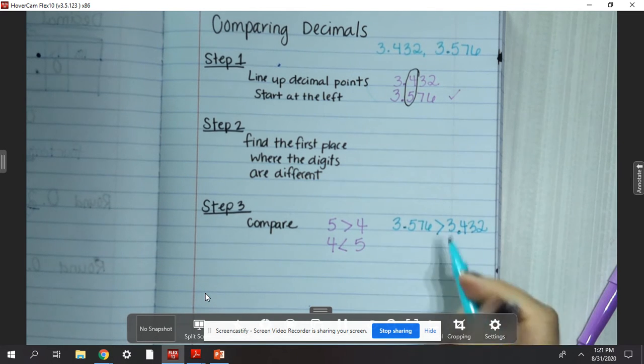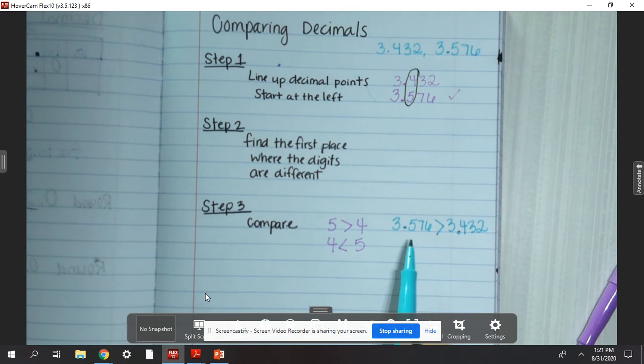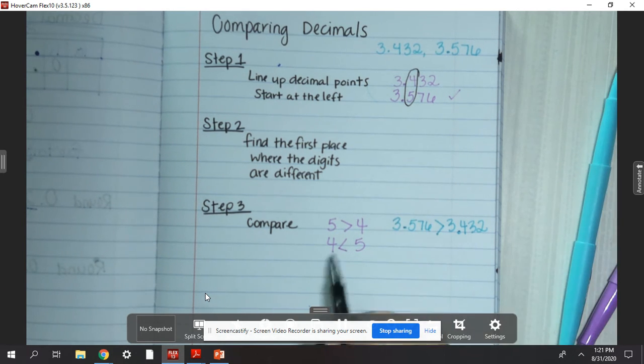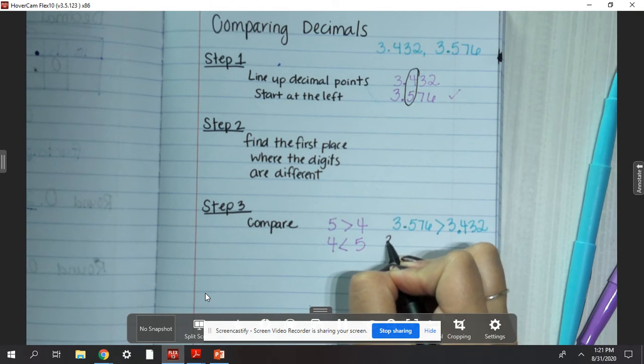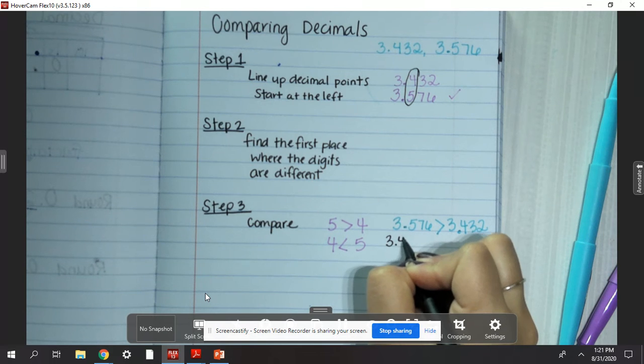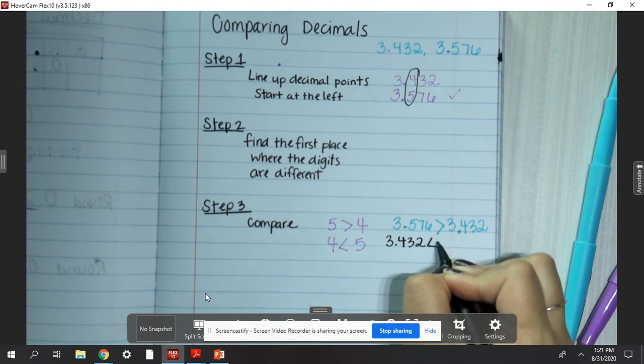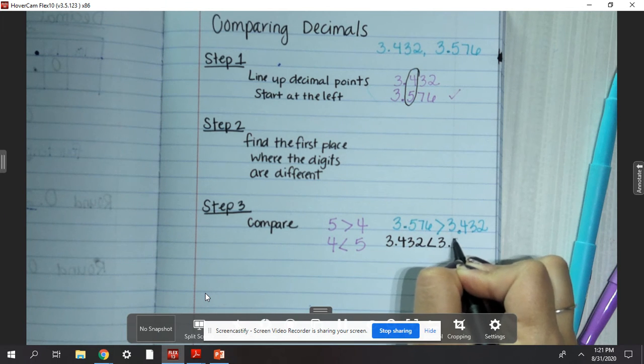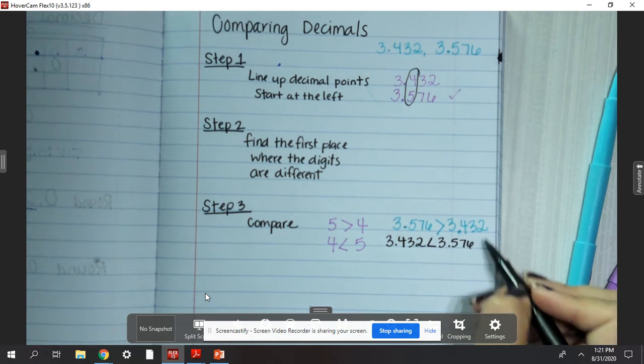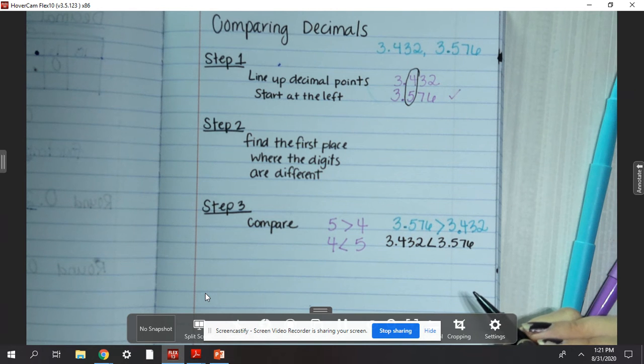So I've now compared those numbers and I know that that one is greater than. If I wanted to rewrite this statement, I could also write it, making it true using this statement here. So I can also write 3 and 432 thousandths is less than 3 and 576 thousandths. So these statements are both true.